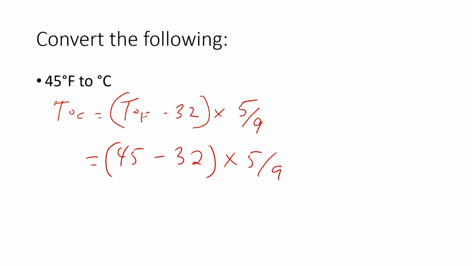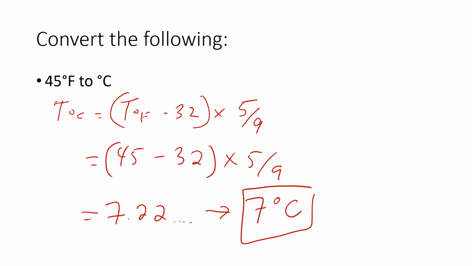And the answer I get, when I do my work, is 7.22. For temperatures, to make it easier, we're just going to do these to the nearest whole number. So this one will actually just be 7 degrees Celsius. Then box it in.